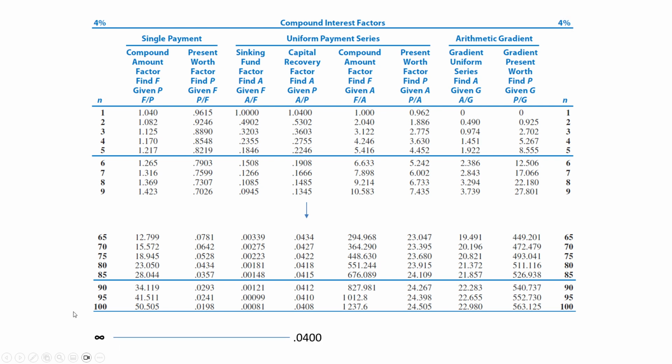If you extend it beyond 100 years onto infinity, then the ratio of A to P is simply 0.04. So that's find A given P for 4% and an infinite number of years, and the factor that you'd use is 0.04. That's just a table illustration of that same principle of a permanent investment.